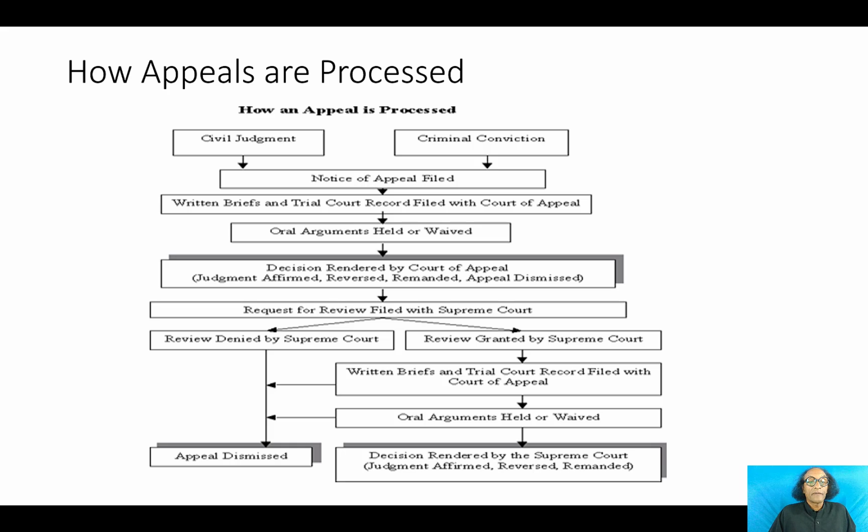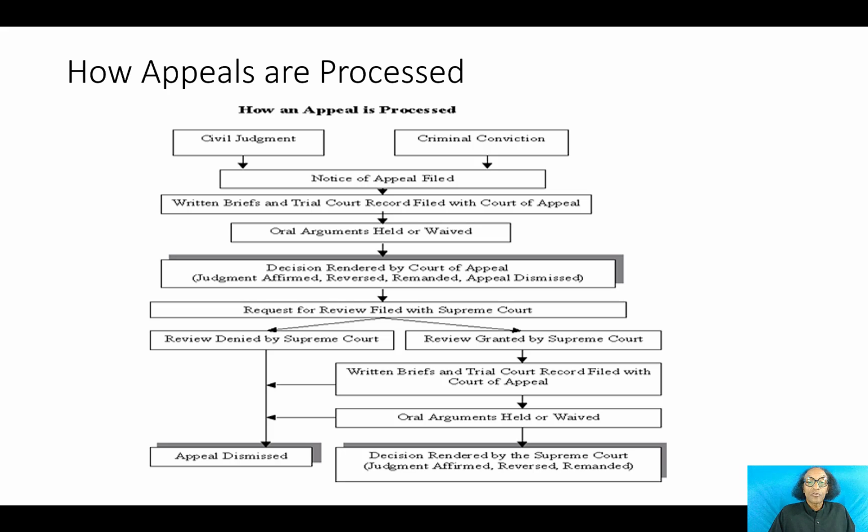The first thing in the filing of an appeal is what's called the filing of a notice of appeal. So in a civil case, in a criminal case, the person seeking to appeal must file a legal document called a notice of appeal with the Court of Appeal, and those have a time limitation.